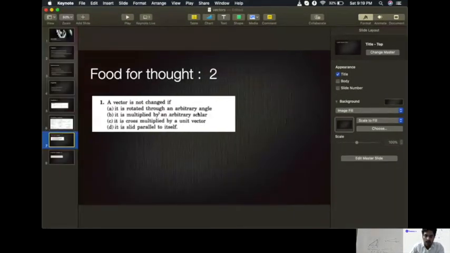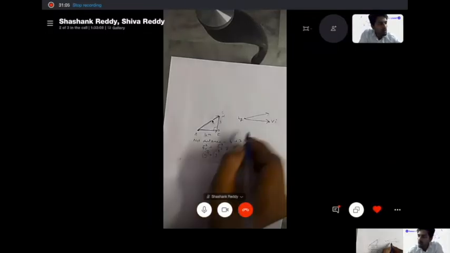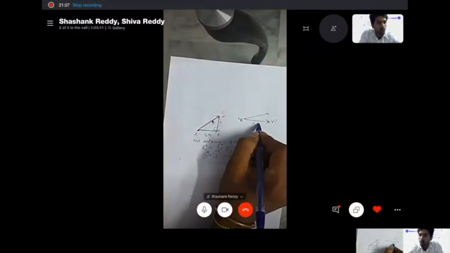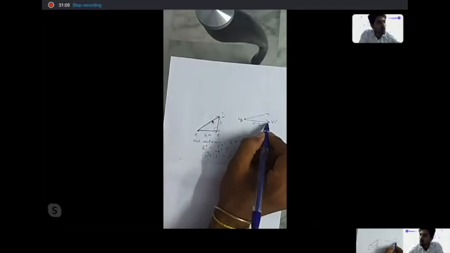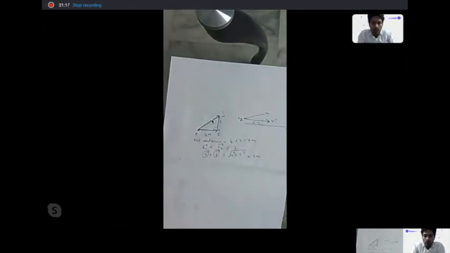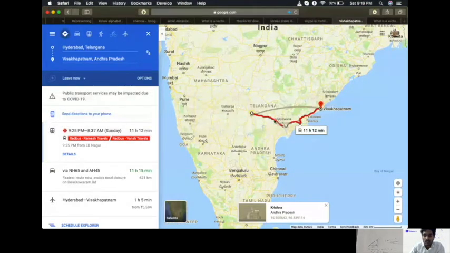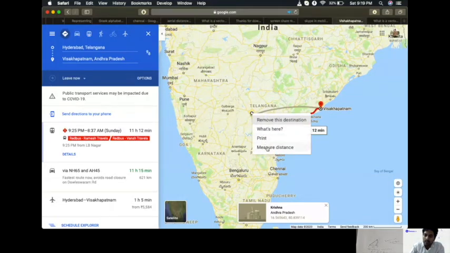If it is multiplied by an arbitrary scalar. Now if I multiply it by a scalar, that means let's say I multiply it by 2. That means this vector is no longer going to be pointing from here to here. It would actually be stretched, is it not? This would be pointing to another location somewhere here. So if I look at the case here, Hyderabad to Vishakhapatnam, if this vector is multiplied by twice, it would be pointing somewhere else, is it not?